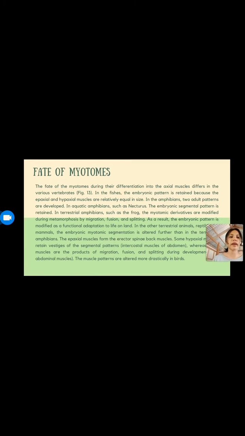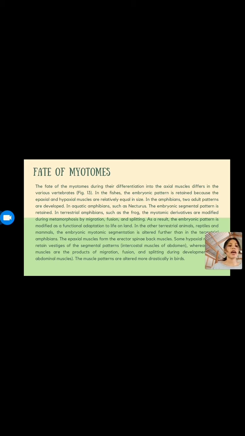The fate of myotomes during their differentiation into the axial muscles differs in various vertebrates. In figure 13, we can see the different axial muscles in different vertebrates. In fishes, the embryonic pattern is retained because the epaxial and hypaxial muscles are relatively equal in size.